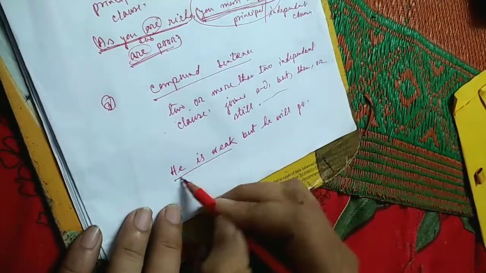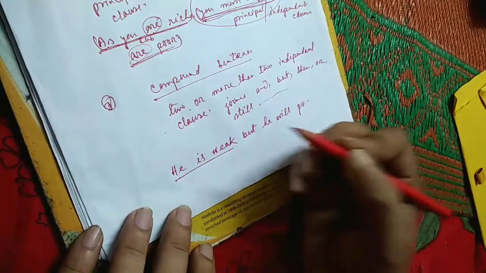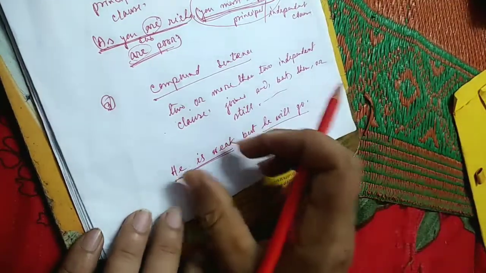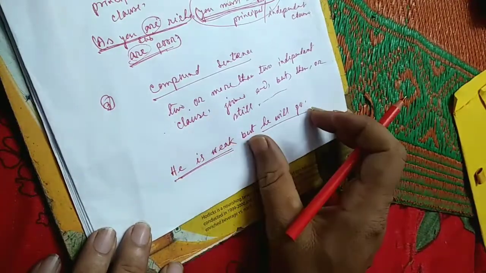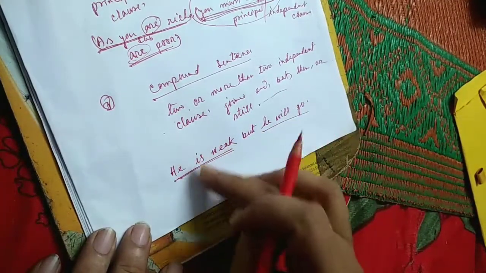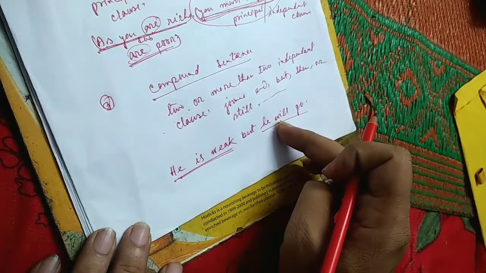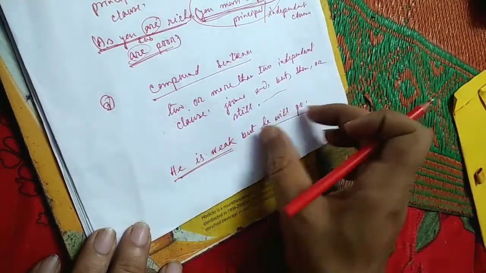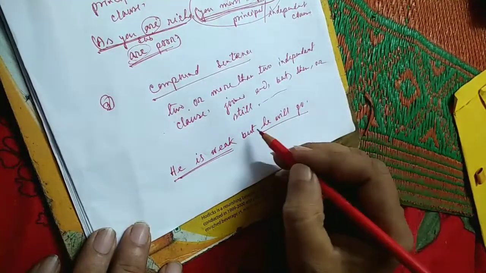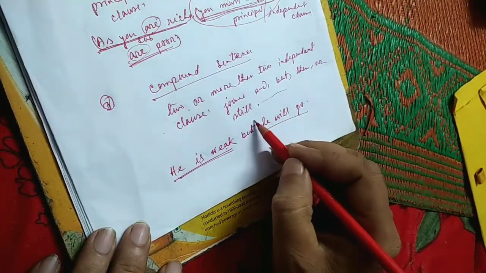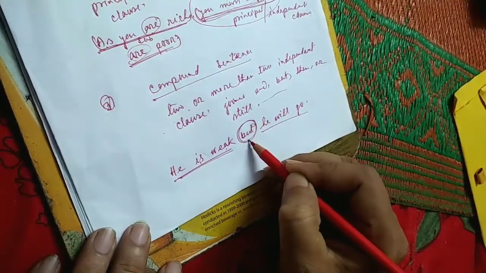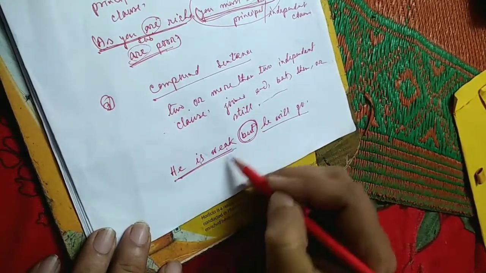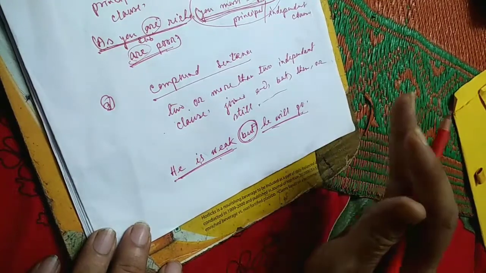Here two principal or independent clauses: he is weak, he will go. These two are principal clauses because the first part does not depend on the second and the second does not depend on the first. So these are two independent clauses, and they are joined with but. The linker is but. So this type of sentence is called a compound sentence.